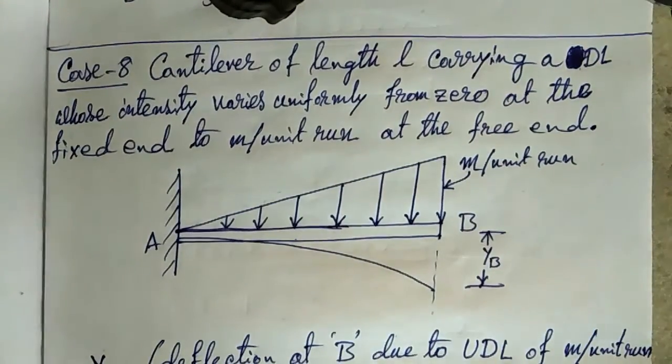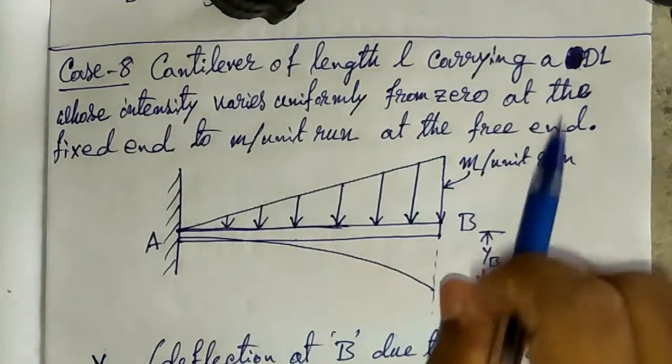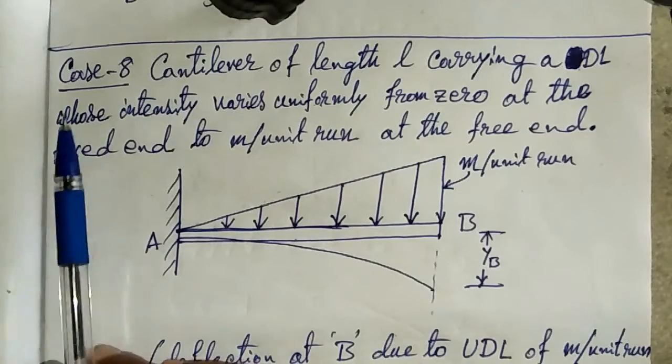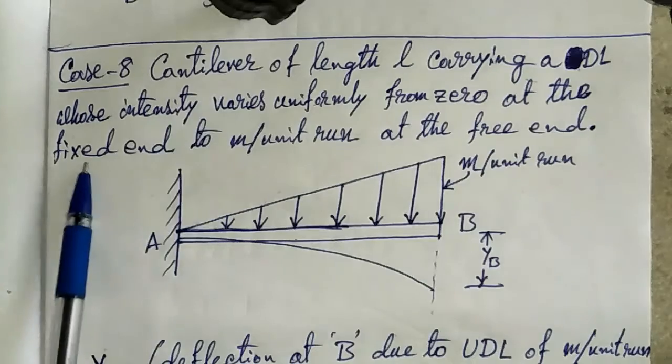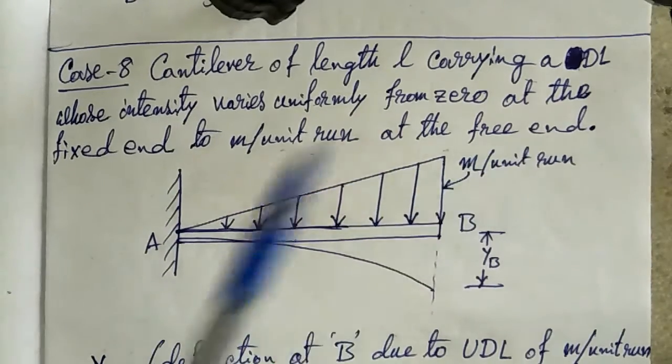Case number 8 is a cantilever of length L carrying a distributed load, not a uniformly distributed load, whose intensity varies uniformly from 0 at the fixed end to M per unit run at the free end.